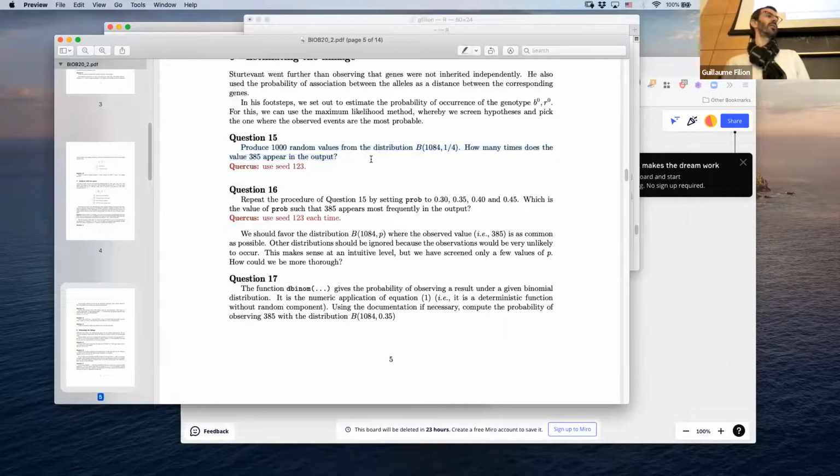So that tells us that 385 is what we have observed. It's really the value we have observed, not the statistic. The probability of obtaining it by chance when the null hypothesis is true is very small because I haven't seen it a single time out of 1,000 trials. Okay, so that tells me that this value here is incompatible with the null hypothesis, but this we had already figured out.